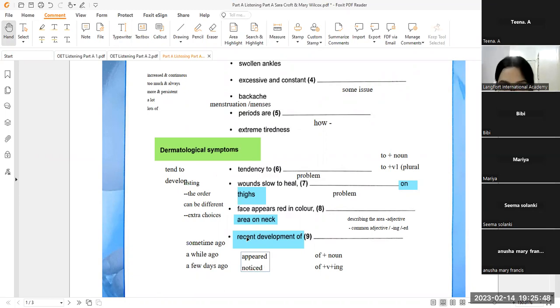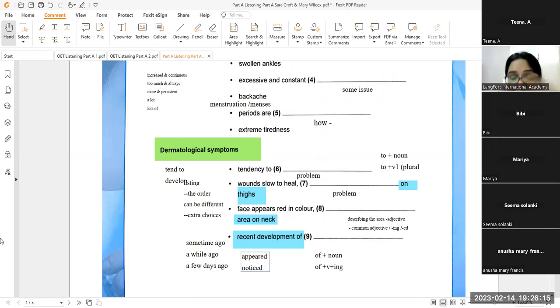So all of you take a second, go through this part, our dermatological symptoms. It was pretty complicated. Please go through our predictions here, all of you. Remember, on the exam day, you cannot write all these down. These are all the things that you should notice when you go through your questions during those 30 seconds, or for the first audio, a bit more time.